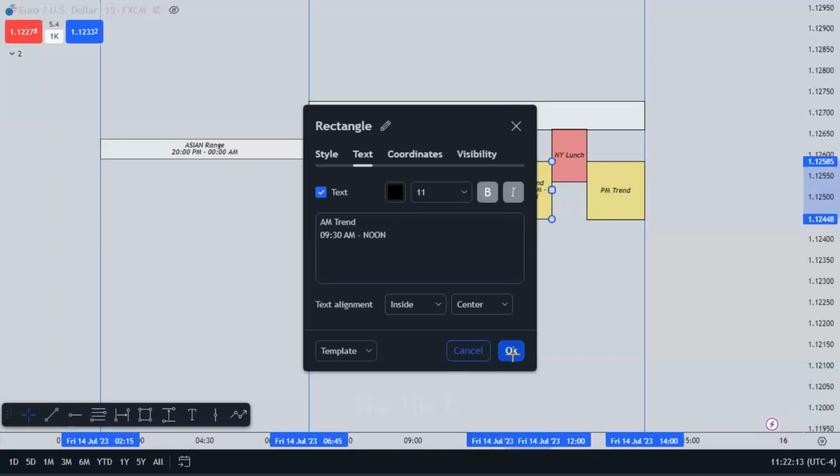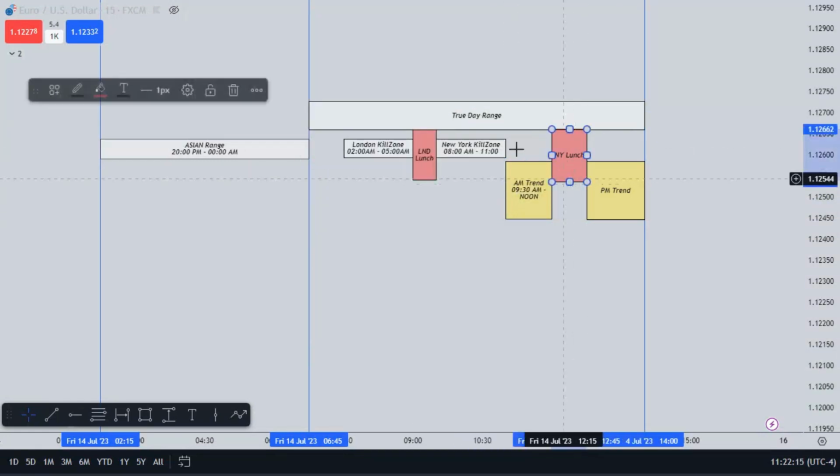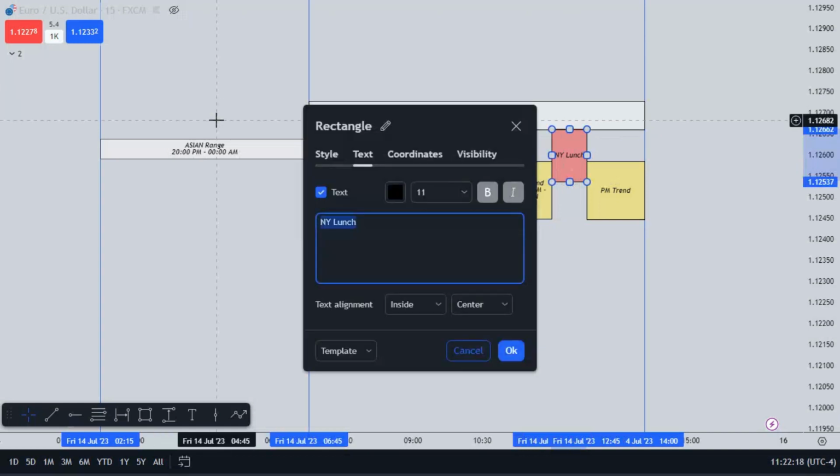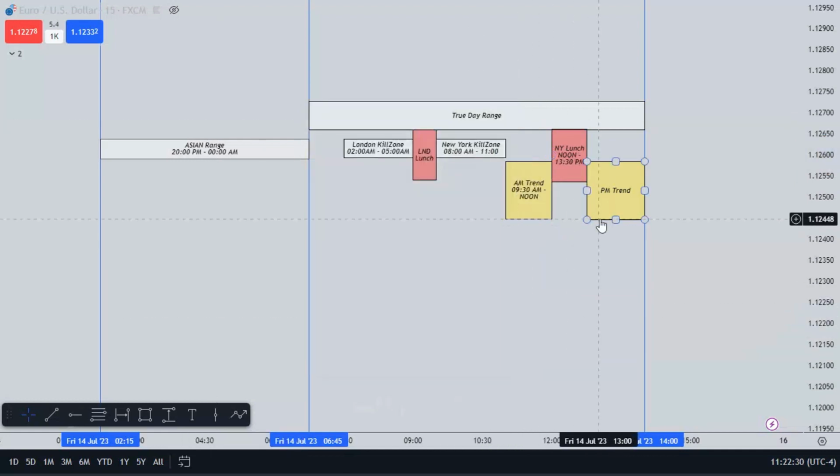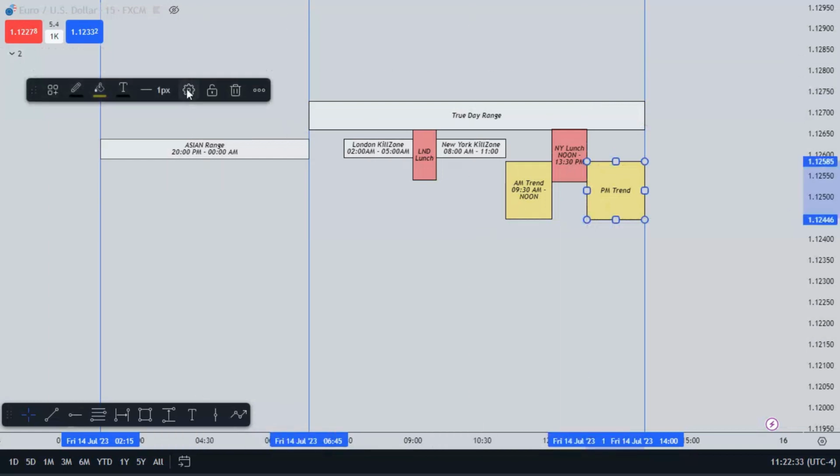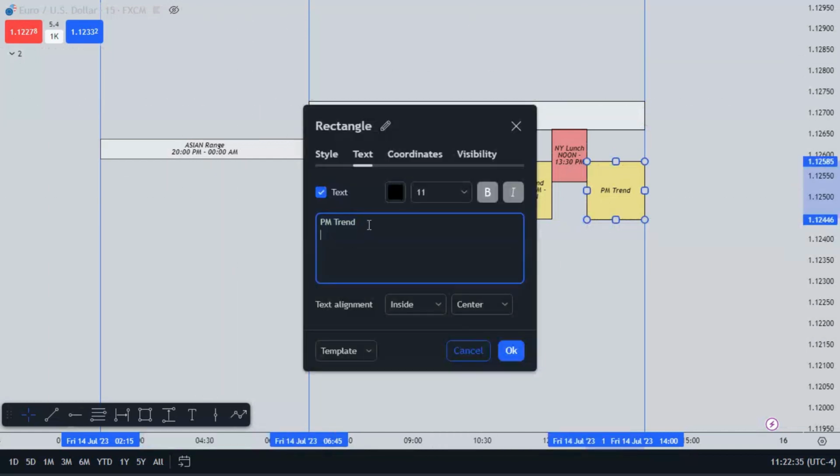Our New York lunch is from noon to 1:30 p.m. PM trend is from 1:30 p.m. to 4 p.m.